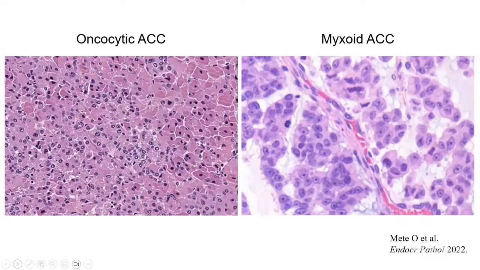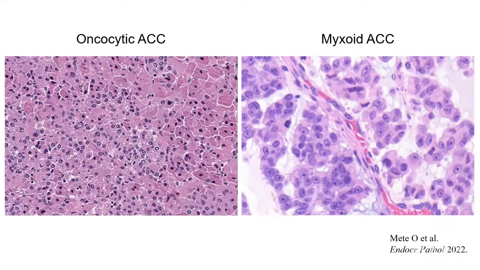Showing you one oncocytic and one myxoid adrenocortical carcinoma just to show that there are specific features associated with these subtypes. Although not clinically significant, the oncocytic subtype is almost always solid, and of course these cells are per definition eosinophilic, which is a parameter that will give you a point towards malignancy using the Weiss criteria. That's why there is a specific algorithm if you want to assess the malignant potential of oncocytic adrenocortical tumors.